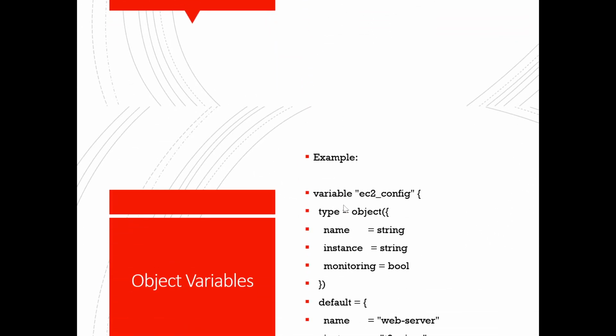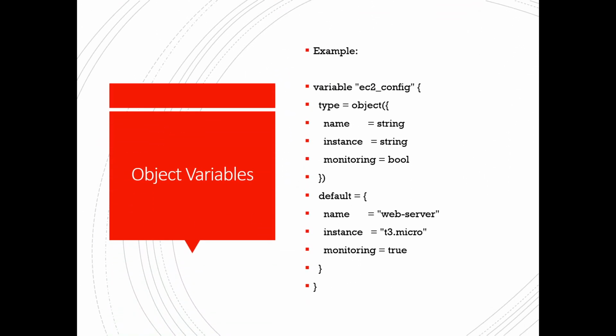Next, we'll see objects. What is an object variable? Objects are like JSON or dictionary structures, and they allow you to group multiple attributes together. Here you can access any field like var.ec2_config.name.